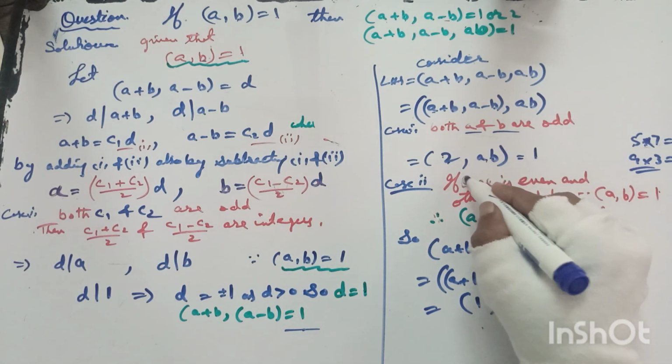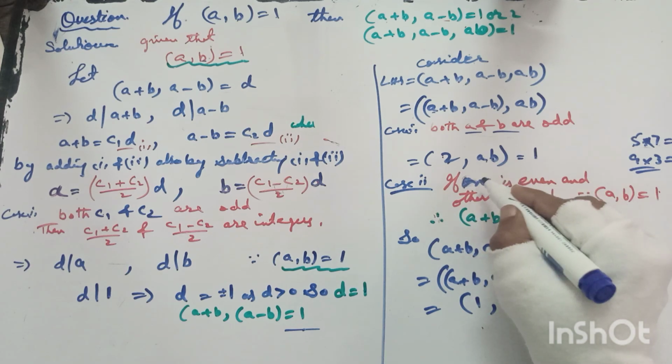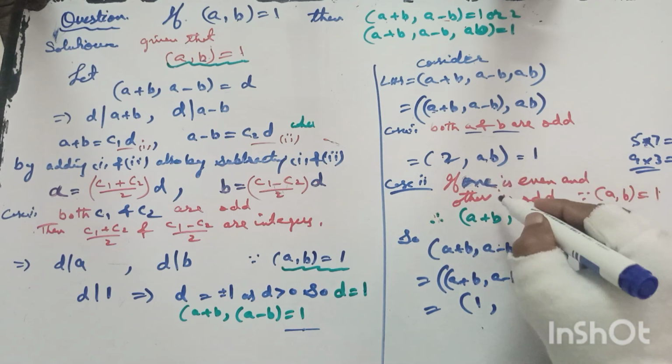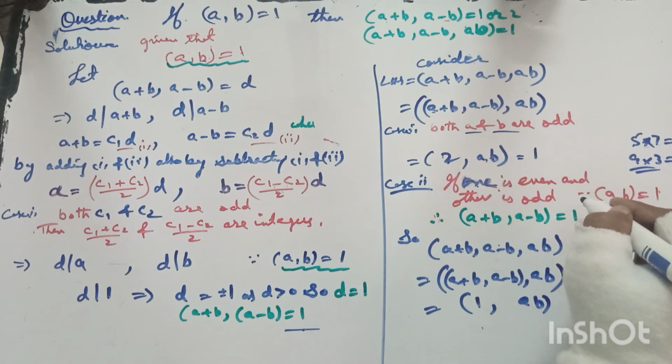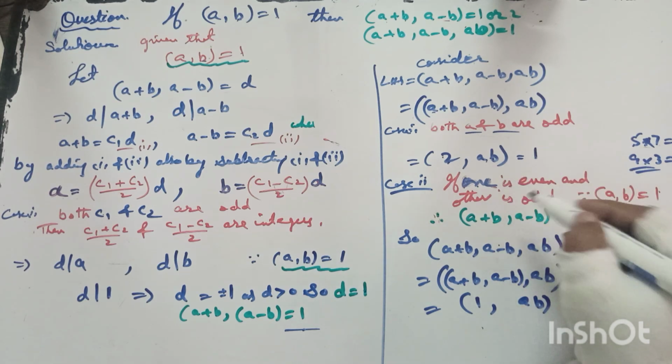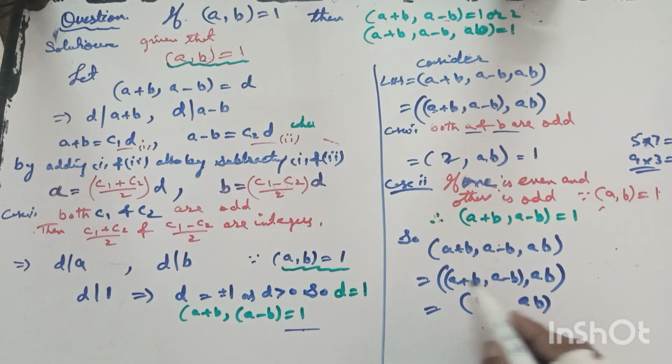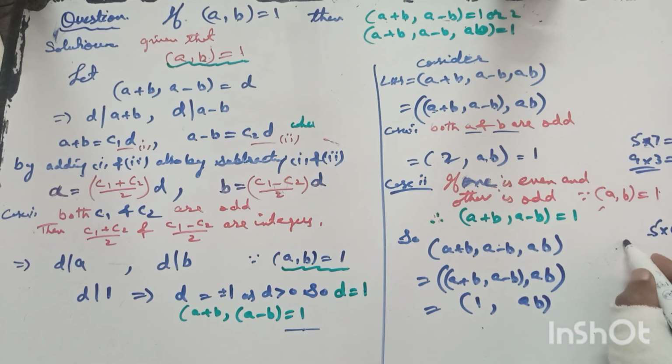When A is even and B is odd, one is even and the other is odd, their product is even.